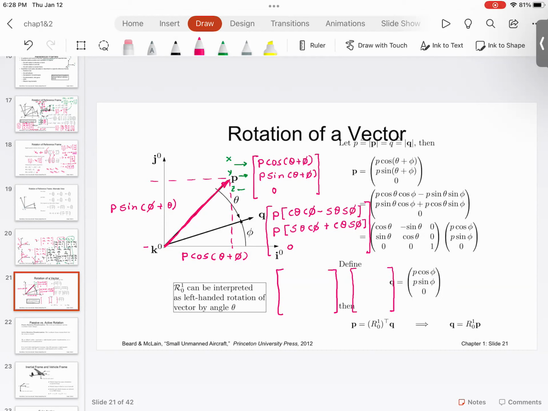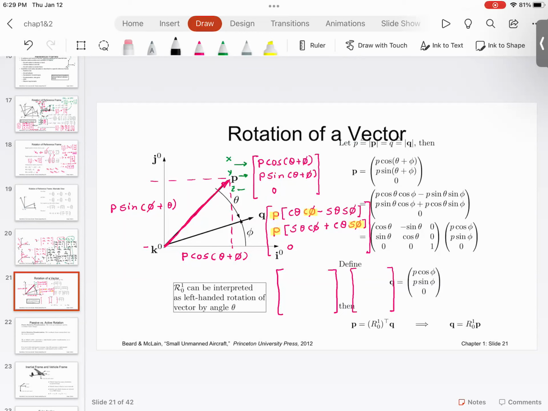Let me take it back. What I would do is look at the angle representing the intermediate rotation. This intermediate vector is doing a rotation of phi. I'm going to take the phis out from this expression. So check this out. I will take P cosine phi out, and here I will take P sine phi out.